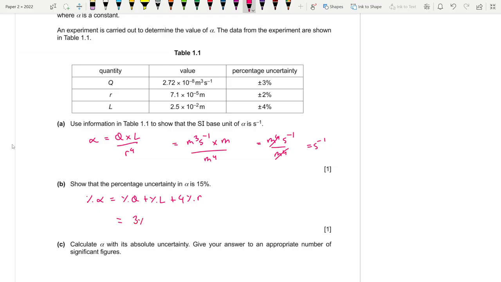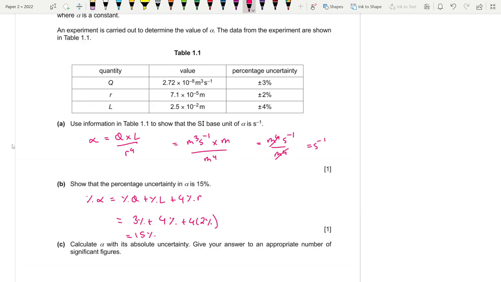So that's 3% plus... Sorry, I misread the values. L is 4% and R is 2%, so that's 4 times 2%, which is 8, plus 4 is 12, plus 3, which is 15%. That makes perfect sense.